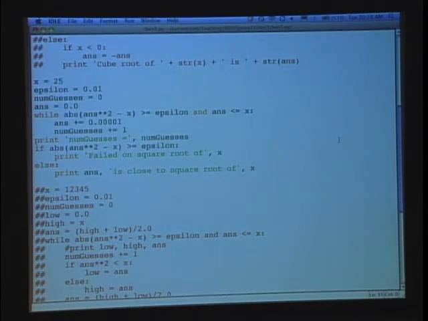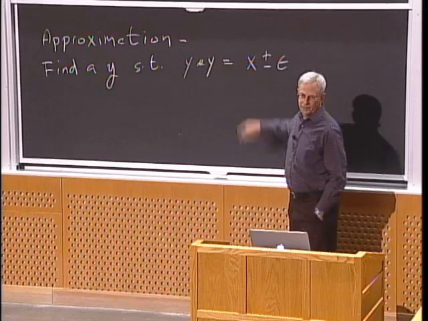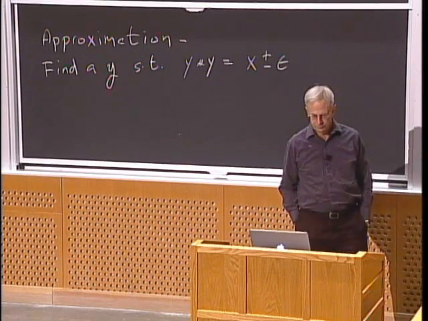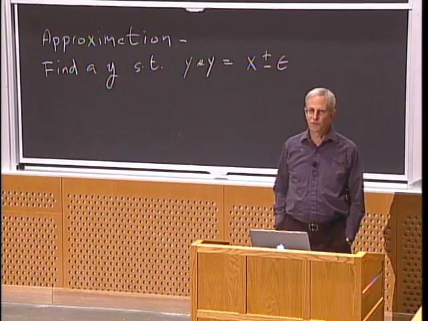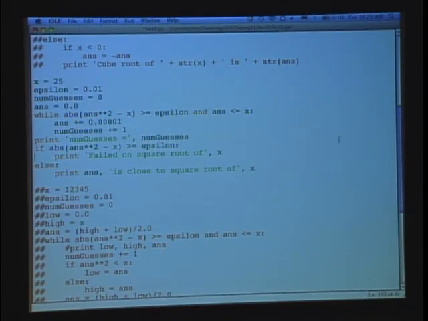Again, this is going to be an exhaustive enumeration. Then I'm going to essentially encode this as the test of my while loop. While the absolute value of answer squared minus x is greater than or equal to epsilon, and answer is less than or equal to x. So it's now a more complicated test.